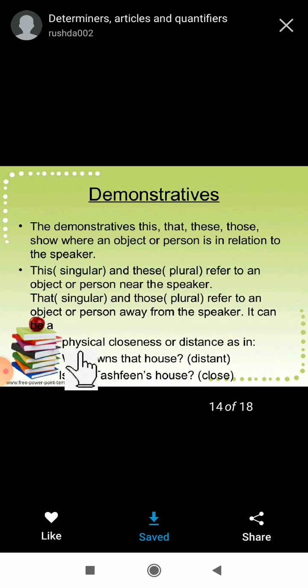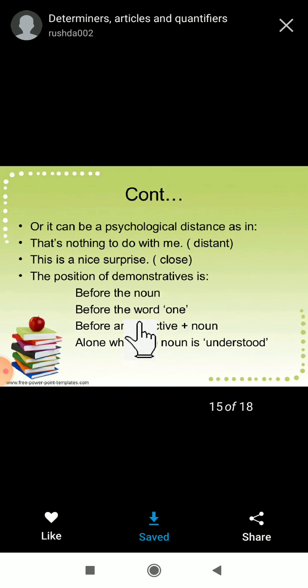Here physical closeness or distance matters, as in: who owns that house? Is this Tahsin's house? Here this is used because it is close. In the first, distance was there, so we use that.